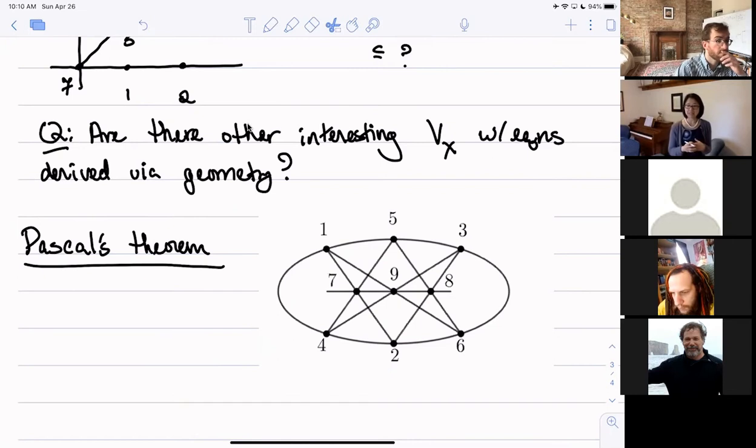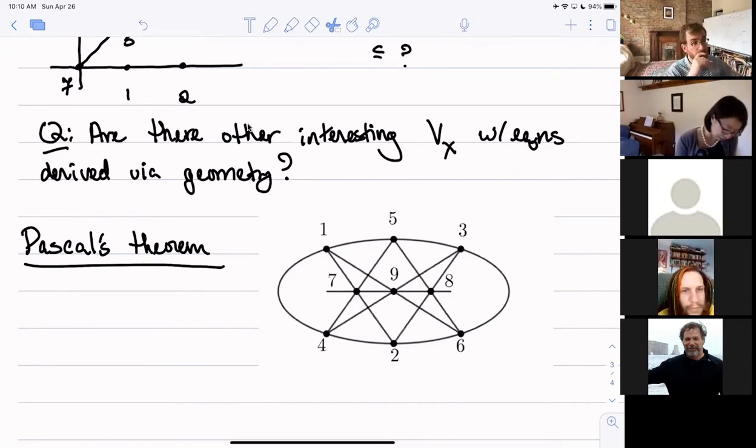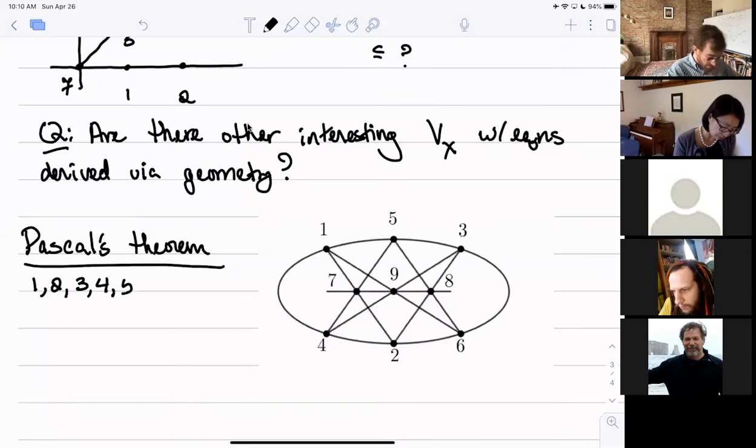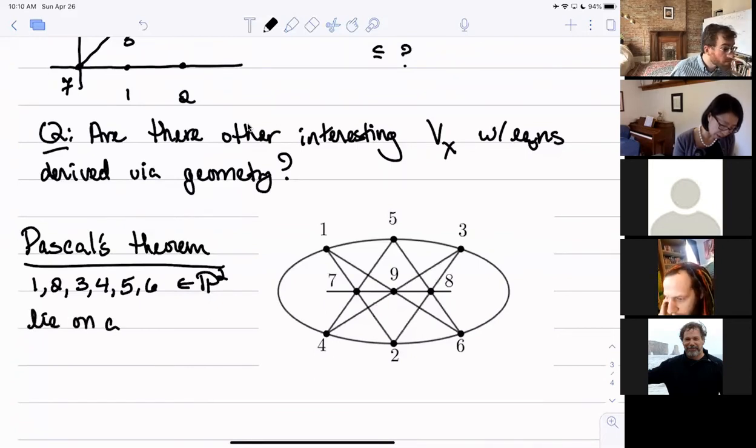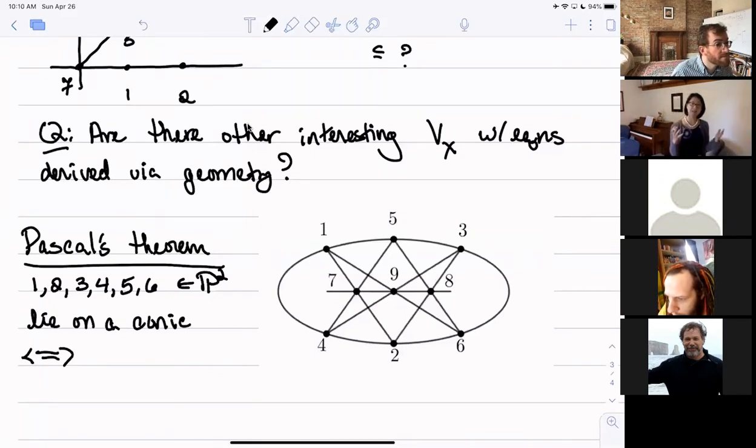So Pascal's theorem is about when 6 points lie on a conic. It says that if I have points 1, 2, 3, 4, 5, 6 in P2, these points lie on a conic if and only if the following things happen. Here, in the picture on the right, I have my 6 points.